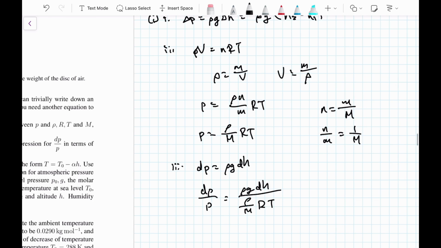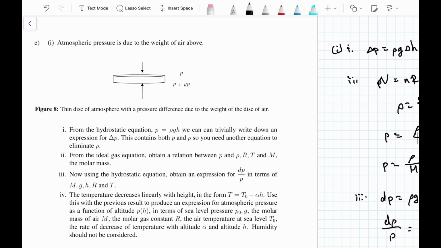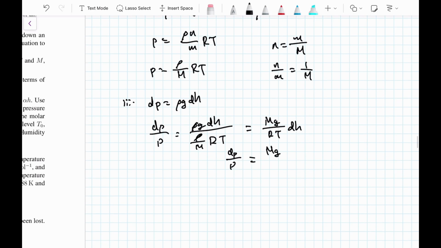Then we can cancel out the rho, which leaves us with Mg over RT dh. I think none of these variables change with respect to the height. So dP over P should be equal to Mg dh over RT.